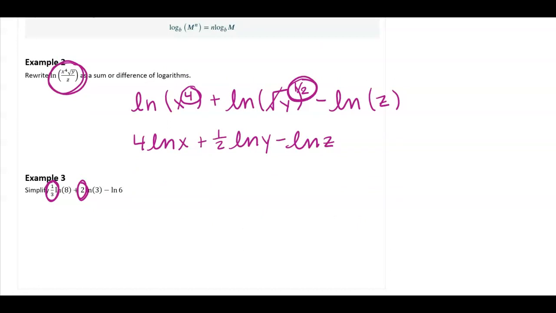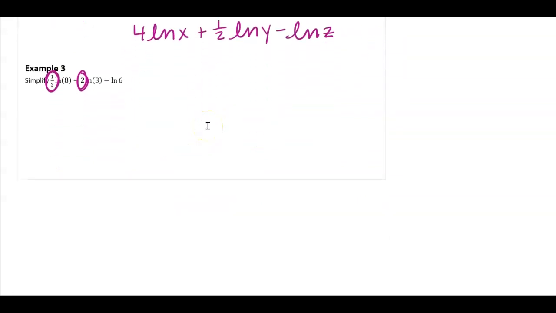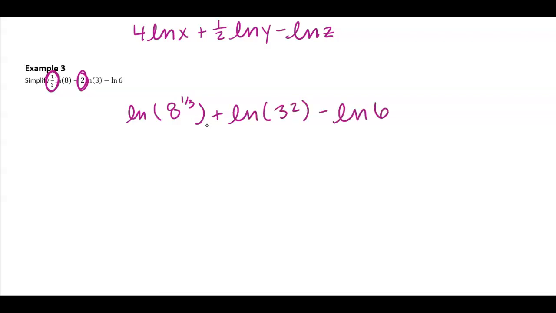So I'm going to say that this is the natural log of 8 to the 1/3 plus the natural log of 3 squared minus the natural log of 6. Well, 8 to the 1/3 is the same as the cube root of 8. So this would be the natural log of 2 plus the natural log of 3 squared, which is 9, minus the natural log of 6.